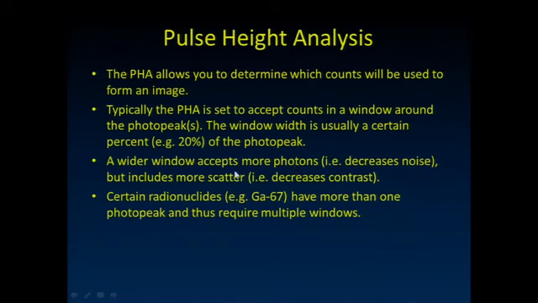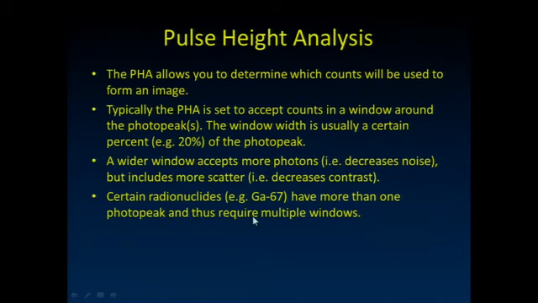A wider window would accept more photons, so it would decrease our noise. But unfortunately, what are some of these things that have lower energy going to be? They're going to be gamma rays that have scattered in the patient. And so we don't really want to accept those. They're just going to degrade the quality of our image.